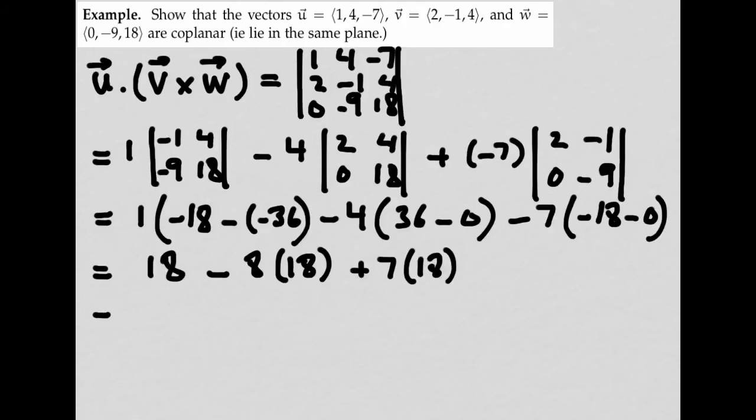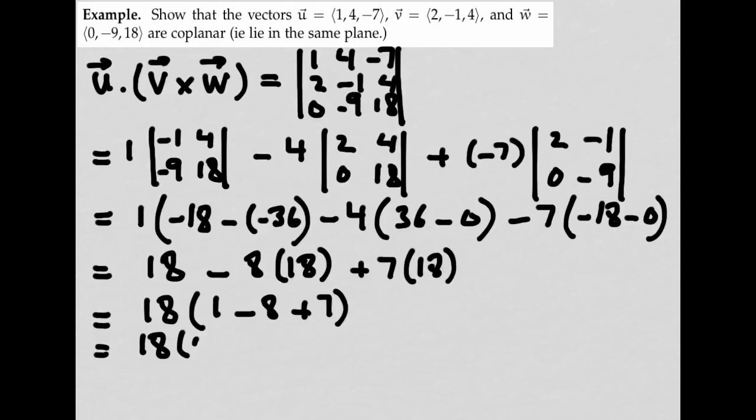We have 18 times 1 minus 8 plus 7, that's 18 times 0, which is 0.